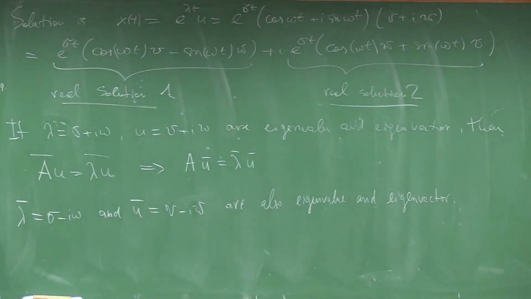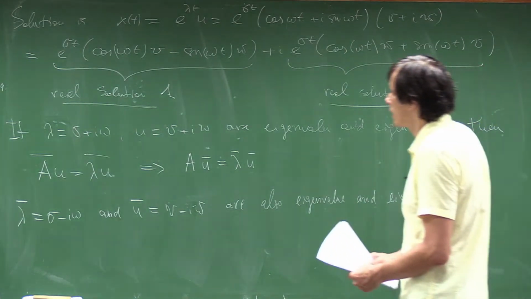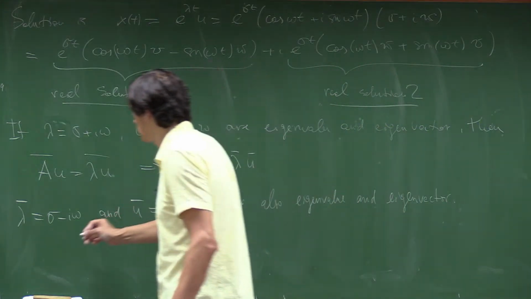Right? So whenever you have an eigenvalue and eigenvector, their complex conjugates are also an eigenvalue and eigenvector.